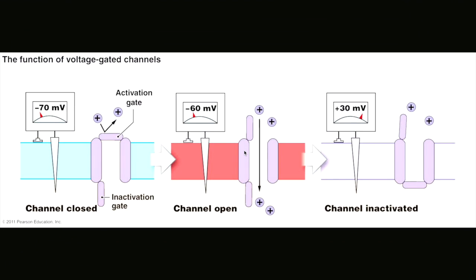Then we also have voltage-gated channels, which open or close in response to changes in voltage or charge. You can see at -70, this channel is closed. At -60, it opens. So when the inside of the cell becomes less negative, the channel opens and ions can flow across.